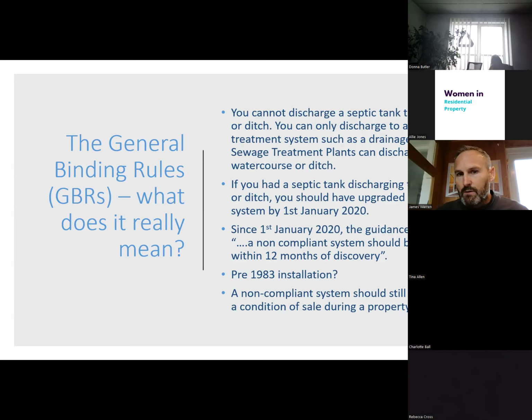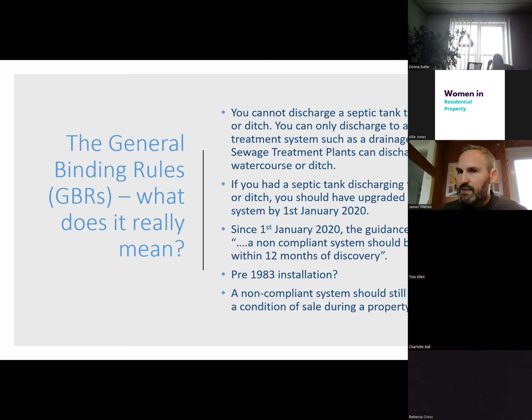So in January 2020, on the government website, it said that any non-compliant system should be dealt with in a 12-month period after discovery. So that's great. That makes perfect sense. 12 months should be plenty long enough to address any non-compliant system.